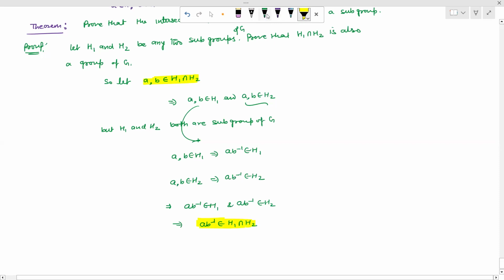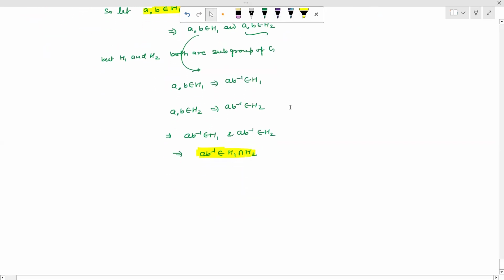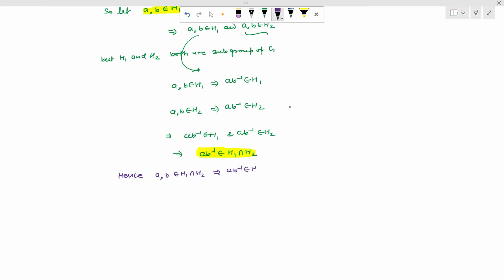It means that H1 intersection H2 is also a subgroup of G. Hence, AB belongs to H1 intersection H2 implies that AB inverse belongs to H1 intersection H2, so H1 intersection H2 is a subgroup of G. For proving a subgroup, we just remember this very important theorem: AB belongs to H implies that AB inverse belongs to H, so H is a subgroup of G.